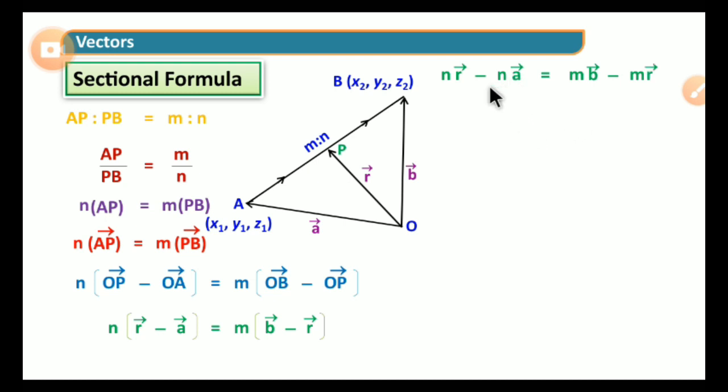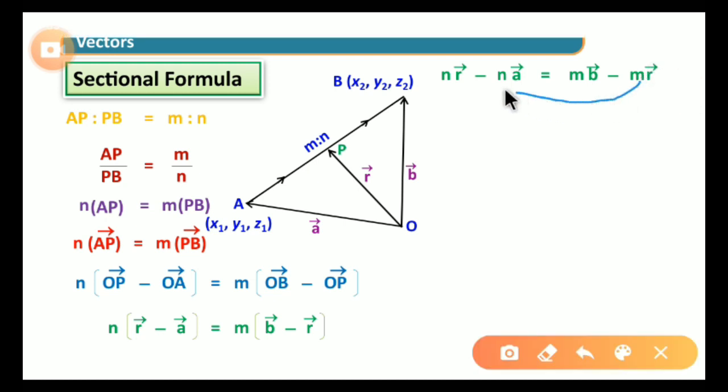See here, we are proving this section formula, but here we have to separate r. So we can transfer this m into r vector to the LHS side, and also transfer this minus n into a vector to the RHS side.